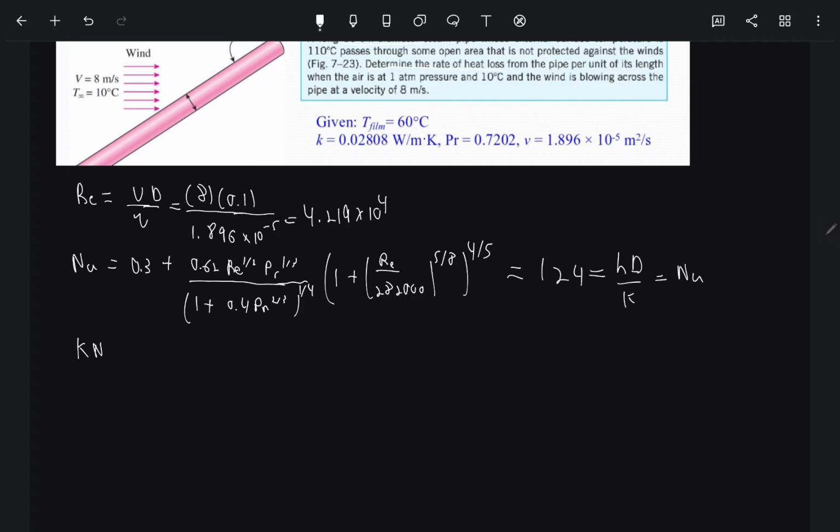So k times the Nusselt number over D is equal to h. k is 0.02808, and then we multiply by our Nusselt number, which we said was 124, and divide by D, which is 0.1. Type all this into your calculator. You get that h is 34.8 watts per meter squared Kelvin.